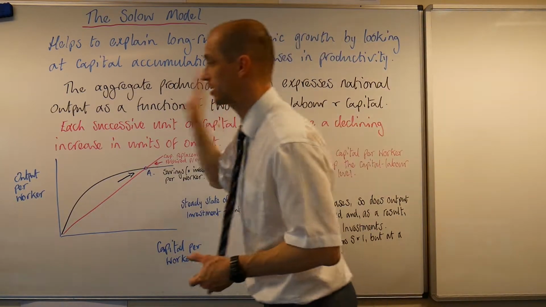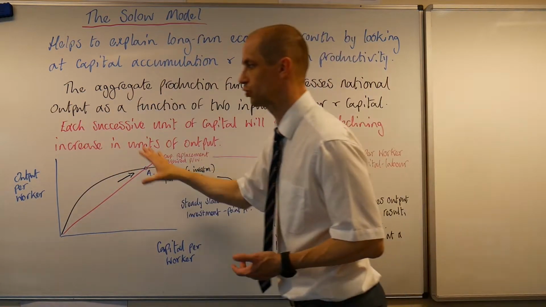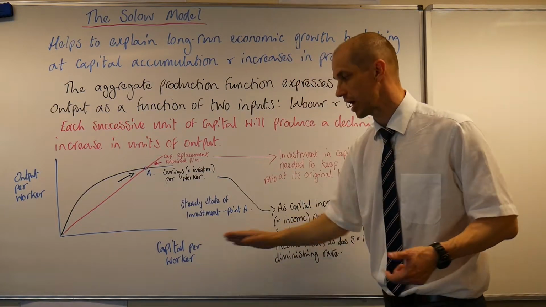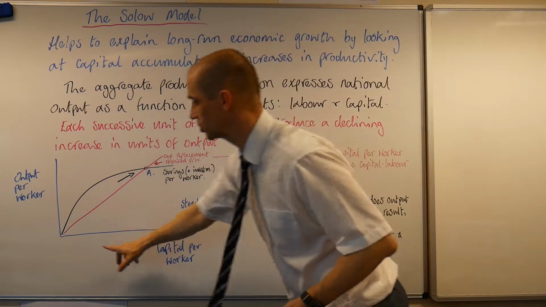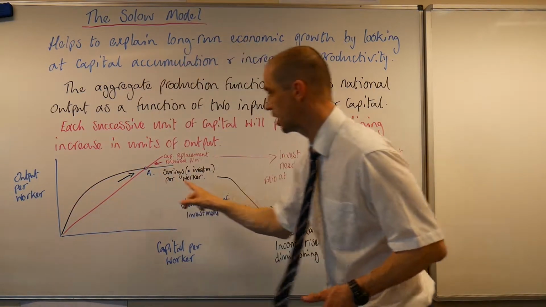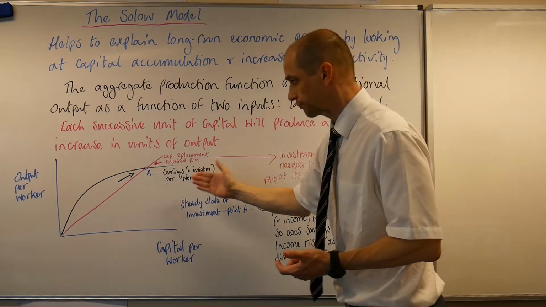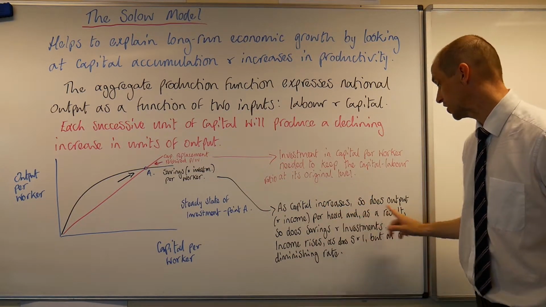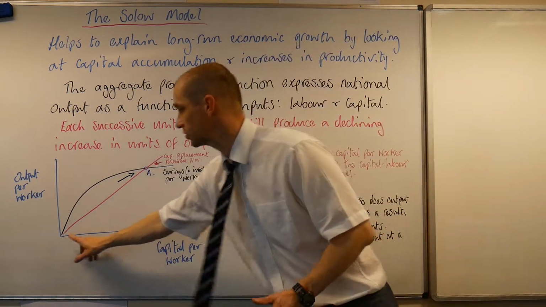Now, this is reflected quite nicely on our mini Solow model here that I've drawn out, where we've got output per worker on our y-axis and capital per worker on our x-axis. So let's just concentrate on this black line firstly. This is savings and investment per worker. So this black line, as capital increases, so does output and income per head. Let's just refer back to what we've got here.